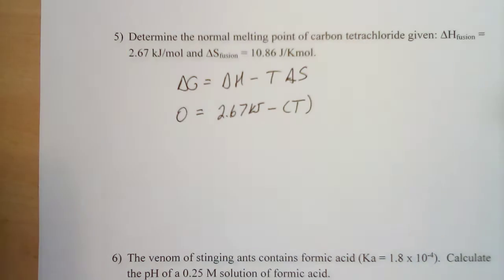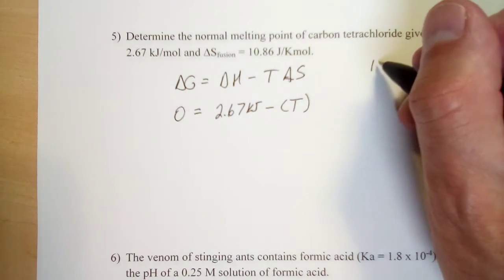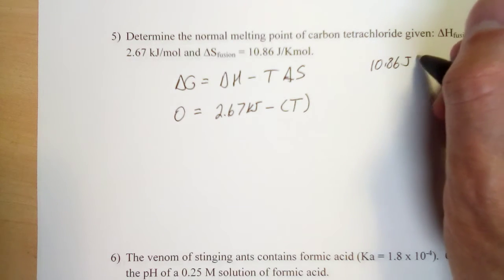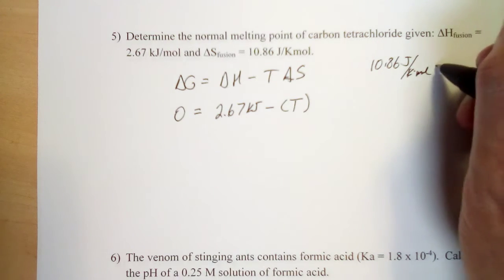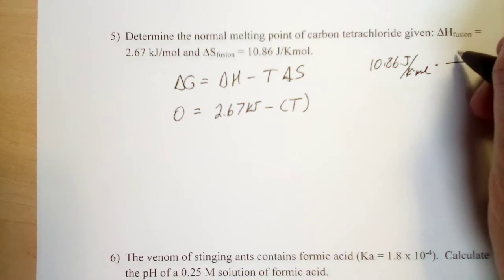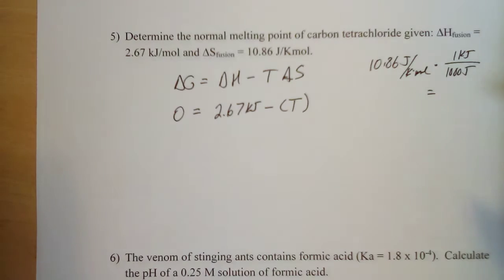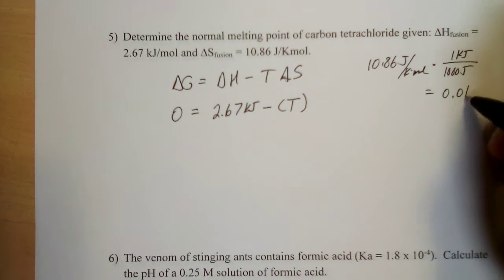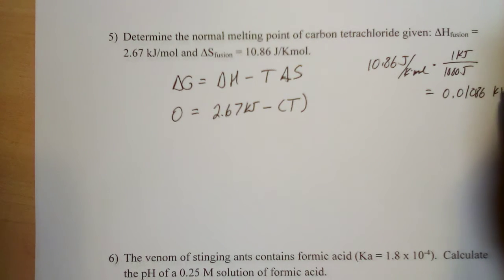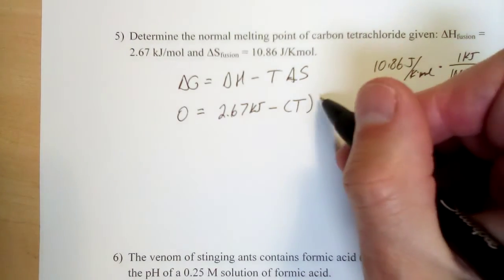So what I really want to do is change this to kilojoules. So 10.86 joules per kelvin mole, if I multiply that by 1 kilojoule per every 1,000 joules, so really dividing by 1,000, that's 0.01086 kilojoules per kelvin mole. That's how I want to plug it into my equation.